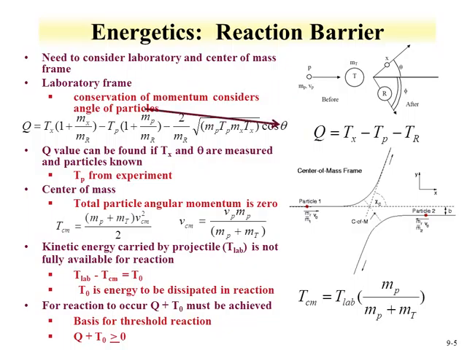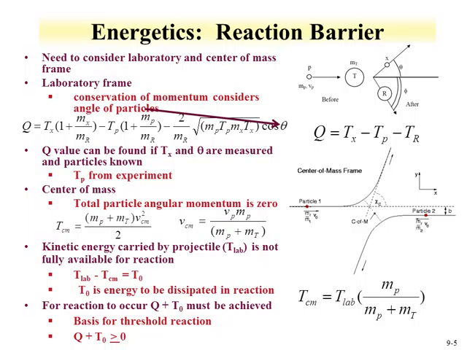This allows us to evaluate the reaction if we know product information, such as the angle at which one of the products comes out of the reaction and its energy. We can find the Q value if that angle and the kinetic energy of X are measured and the particles are known.